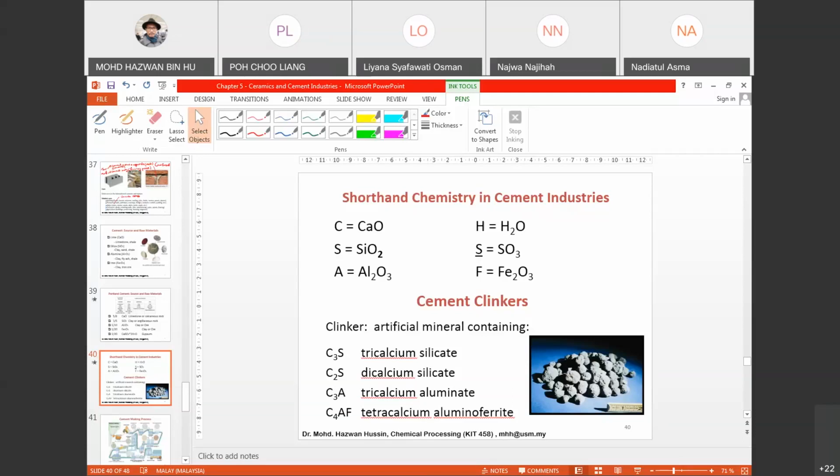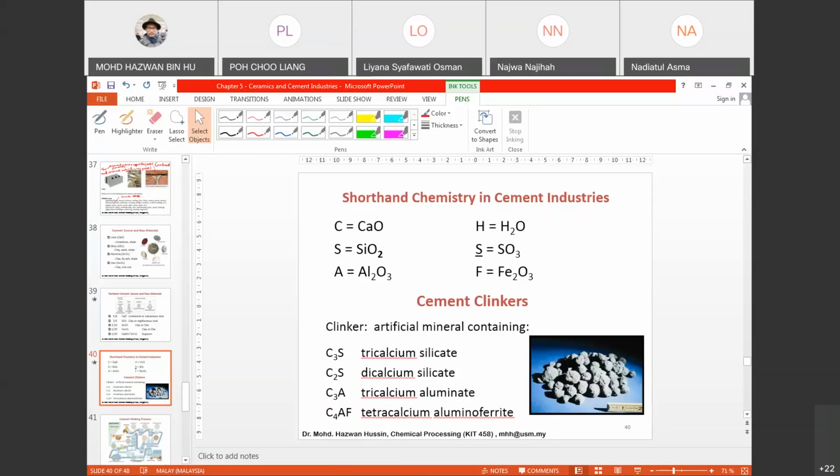So that is why some people just write shorthand chemistry for cement or their products, like C3S, C3A, C3AF. What does it mean? This is actually the formula of the cement that they produce, just as shorthand.